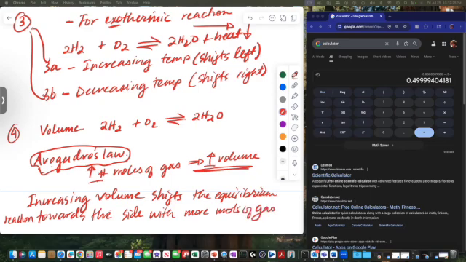Okay. So greater volume then prefers the side that has more gas molecules.